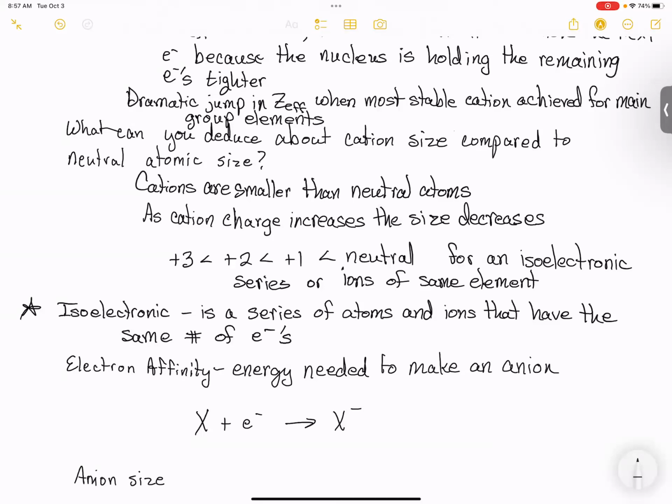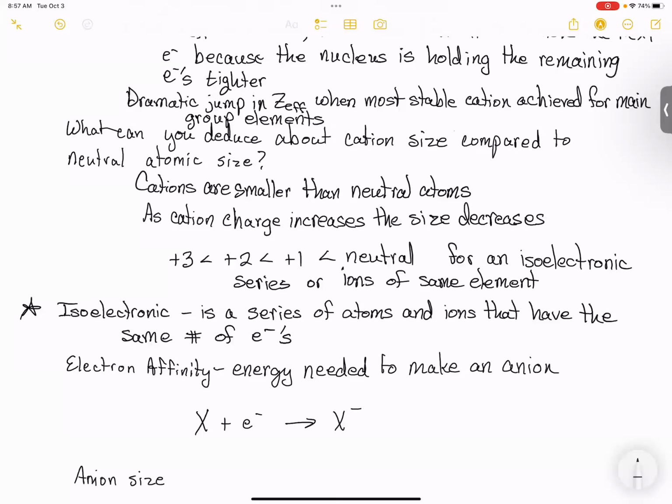Now, when we talk about ionization energy, for every single electron removed, there is an ionization energy associated with that. The first ionization energy is the energy needed to remove just one electron. The second ionization energy would be the energy needed to remove a second electron. The third ionization energy would be the energy needed to remove a third electron, and so on. Now, as we remove those electrons, the Z effective becomes bigger and bigger, meaning the size of the ion becomes smaller.